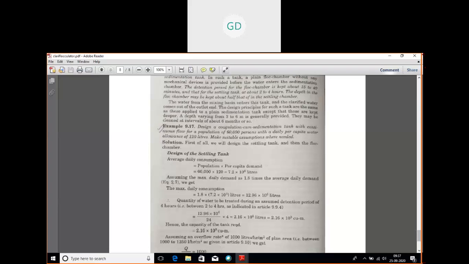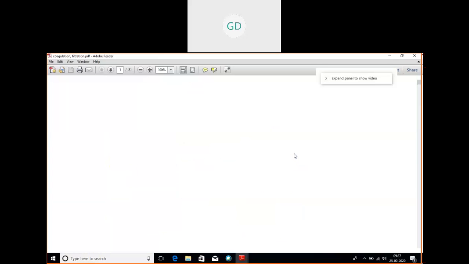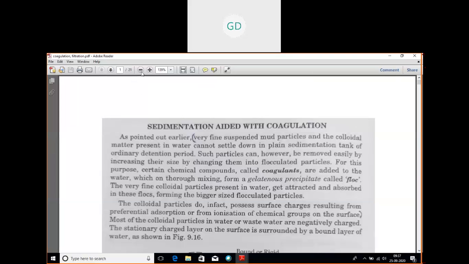So next, let me see what is filtration. We are in the filtration part, right?